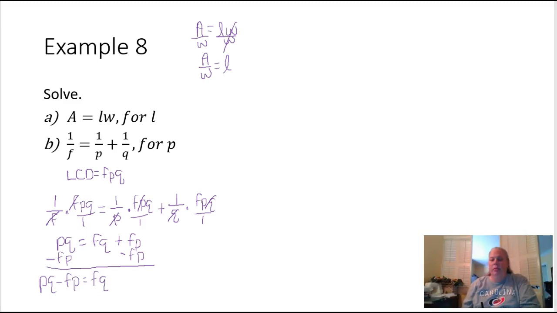Now I need to be a little bit clever here because I notice I have 2 terms with P's in them and they're not like terms, I can't combine them. So I'm going to do the next best thing. I'm going to pull out the greatest common factor, or the one thing they have in common, which is the variable P. When I take a P away from here, I'm left with Q, and then the minus sign.